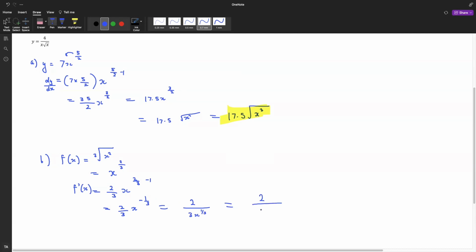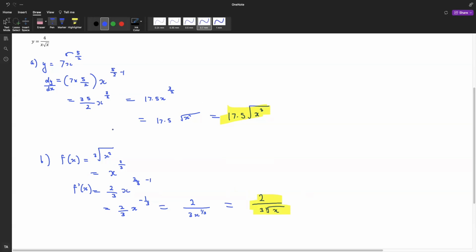So we have 2 and then 3. Then as I said, we've got a 3 in the denominator, so it's a cube root. And then there's a 1 in the numerator, so it's just x. There's no power associated with that. So that means that the derivative of f of x in this case is 2 over 3 times cube root x.